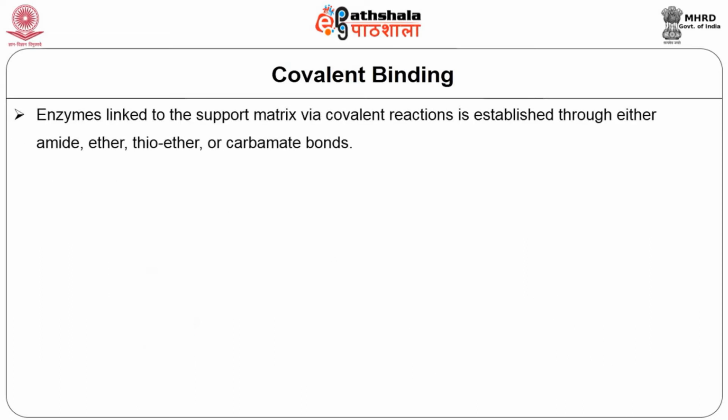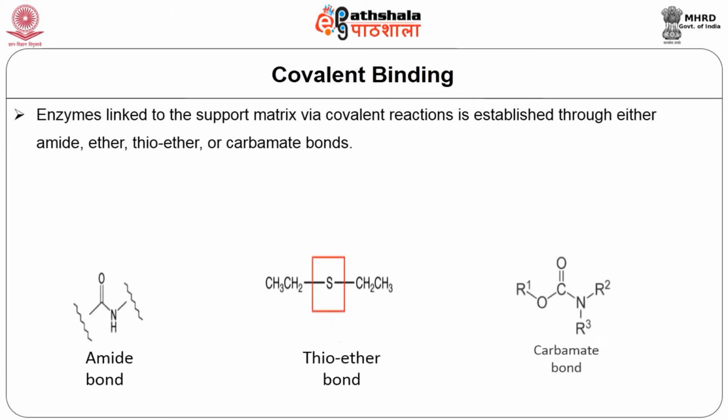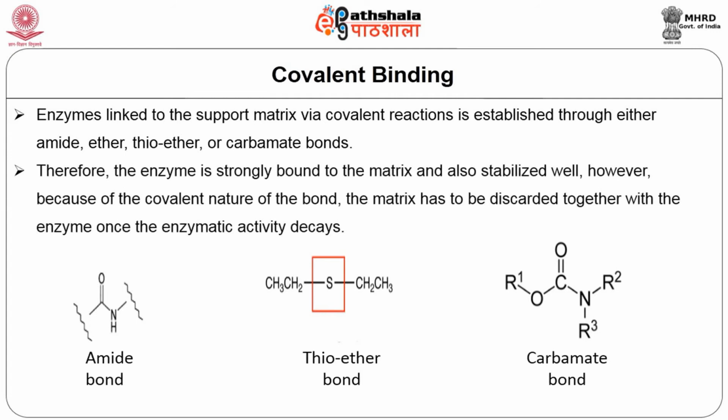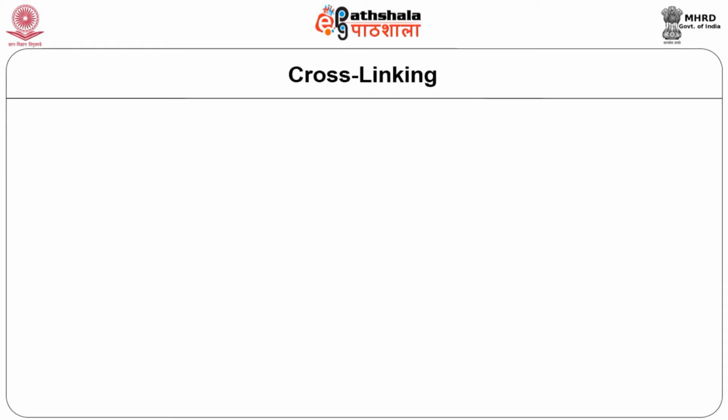The covalent reactions commonly employed give rise to enzymes linked to the support through either amide, ether, thioether or carbamate bonds. Therefore, the enzyme is strongly bound to the matrix and in many cases it is also stabilized. However, because of the covalent nature of the bond, the matrix has to be discarded together with the enzyme once the enzymatic activity decays.